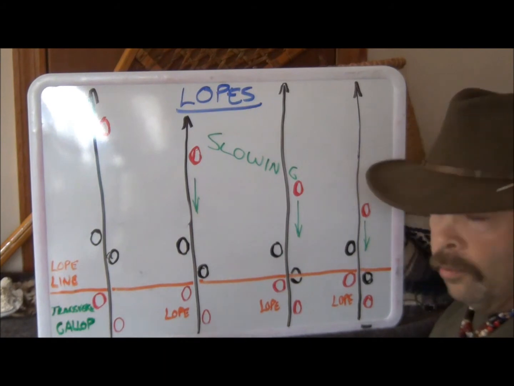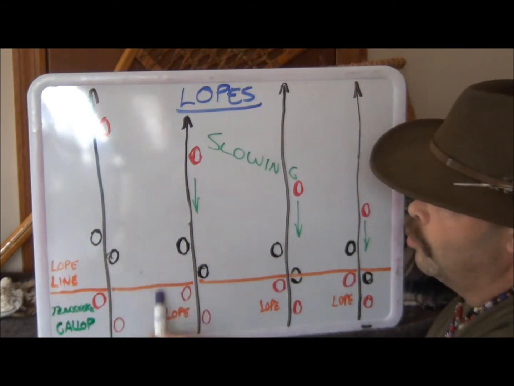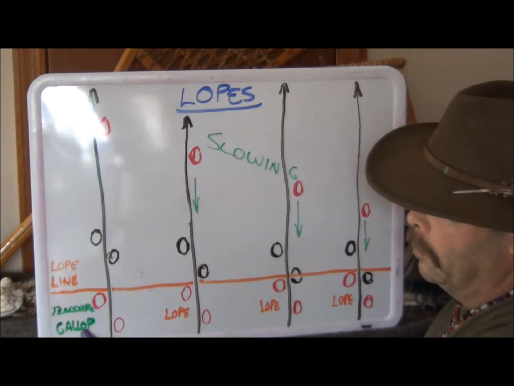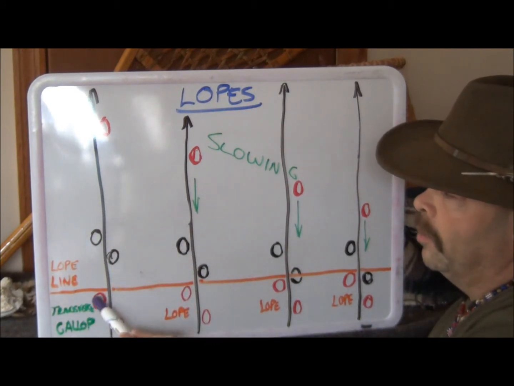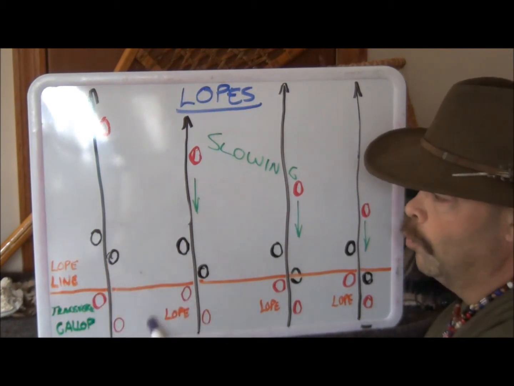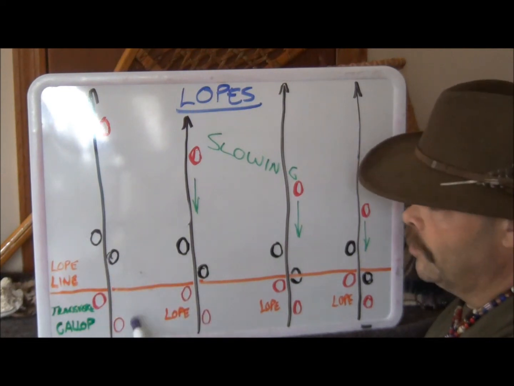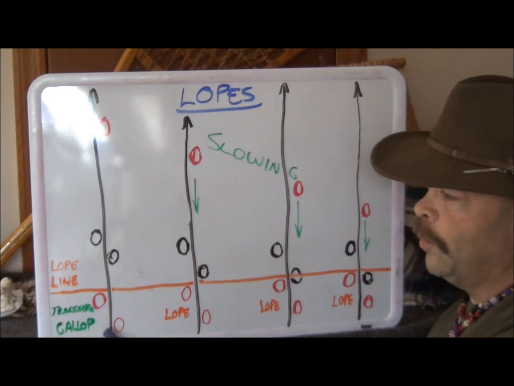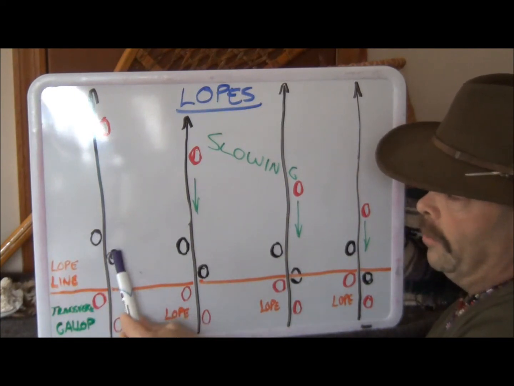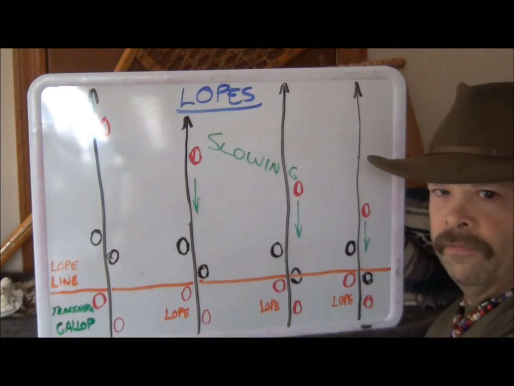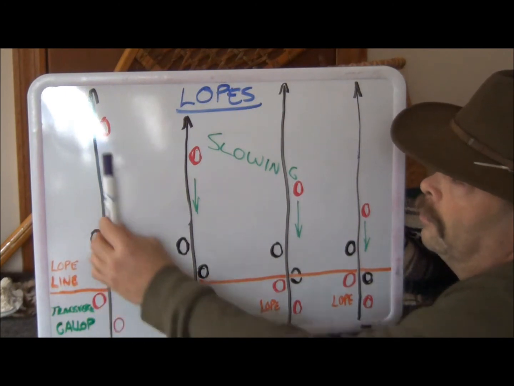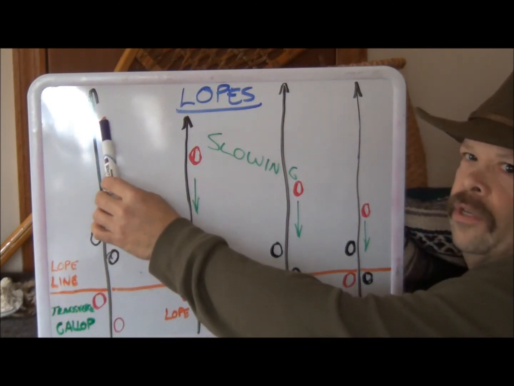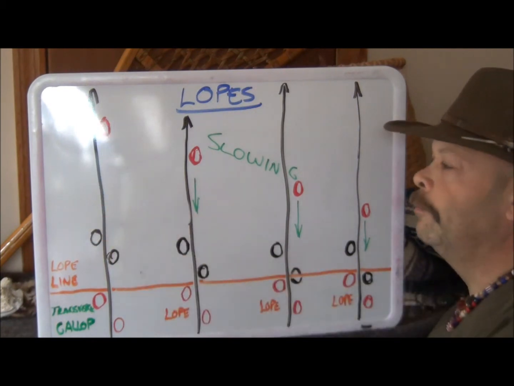Bear in mind, this group right here is the transverse gallop. Here's our group of 4 tracks. 2 front, 2 hind. Rules of speed engaged. Hind feet register in front of the front feet. There's our airborne stage, and this would be the beginning of the next group of tracks.